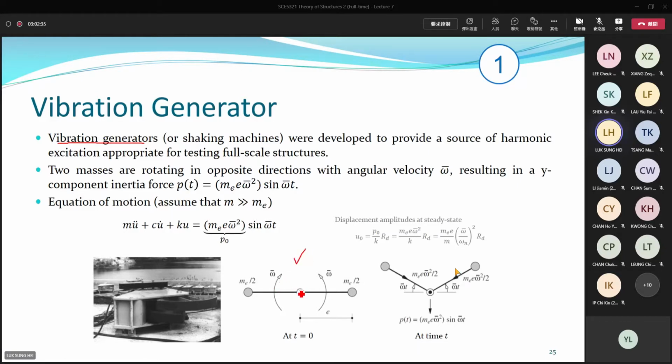This machine has a support. There are 2 masses, one on the left, one on the right. These 2 masses rotate in opposite directions. When the masses rotate, they require a centripetal force for circular motion.